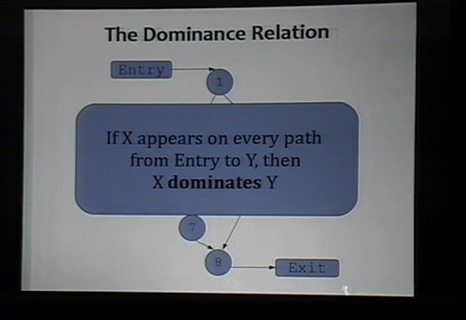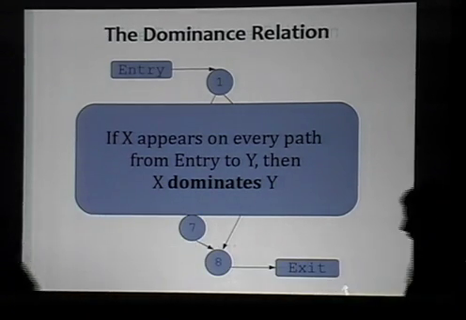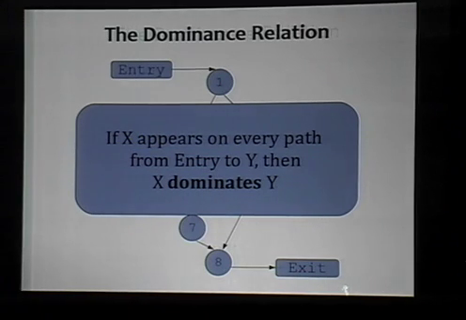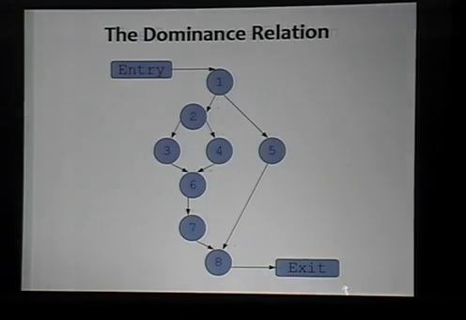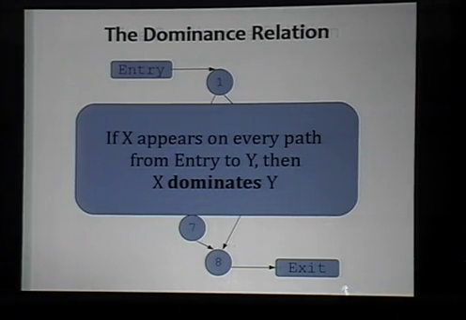To talk about control dependence, the way you calculate it is through something called post dominance. And the way you calculate post dominance is by reversing a control flow graph and calculating dominance. So the dominance relation is: if X appears on every path from entry to Y, then X dominates Y. It sounds more complex than it is, I think.